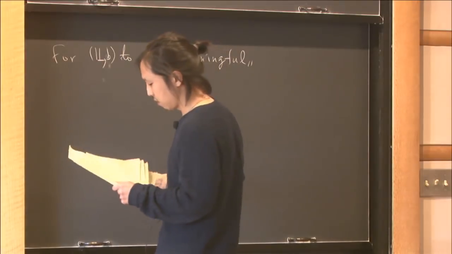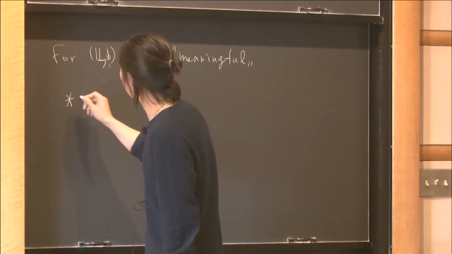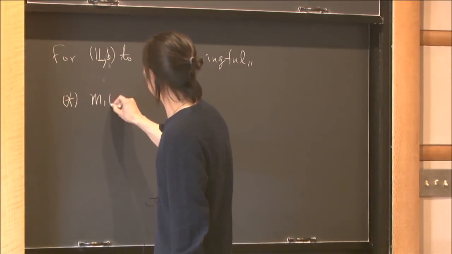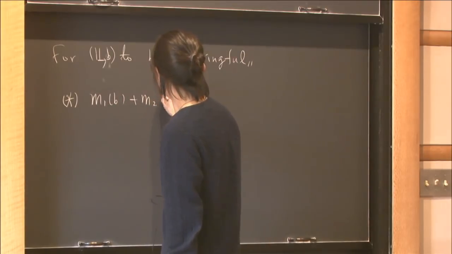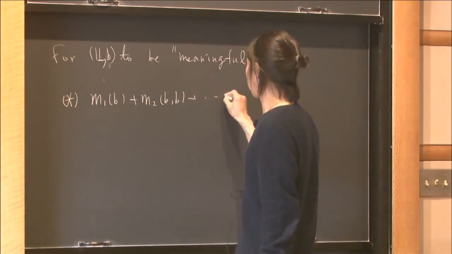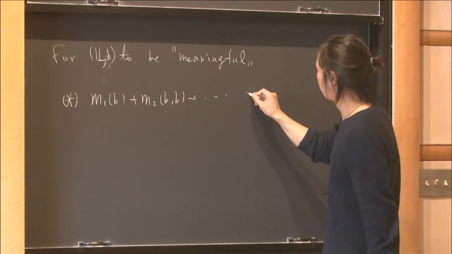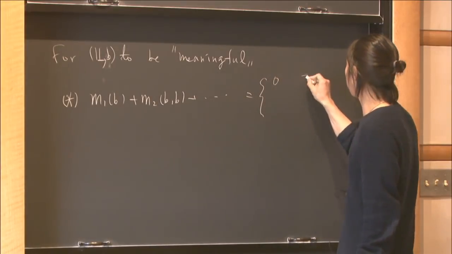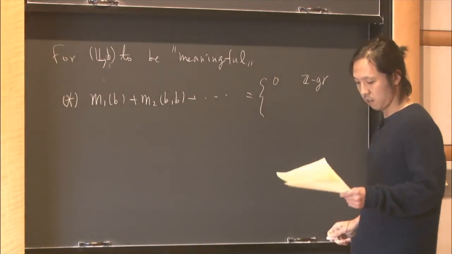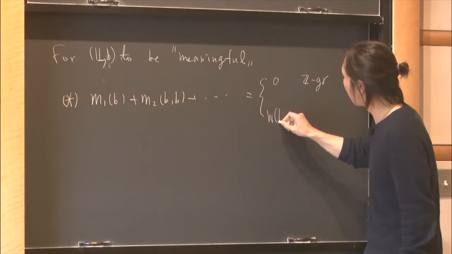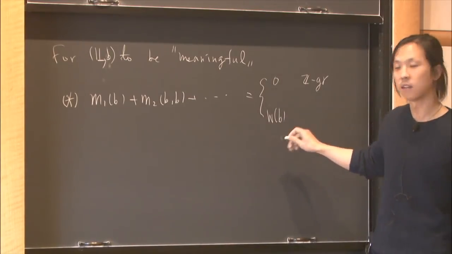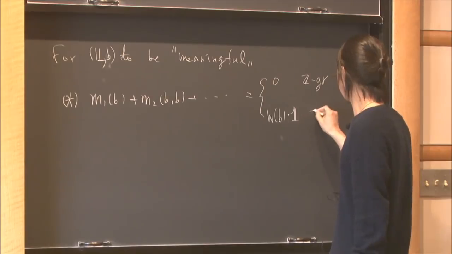For this to be the case, you should impose the following condition: m1 of b, which is m2(b,b) plus higher terms, should be either 0 in the Z-graded case, or some constant that depends on b times the unit in the Z2-graded case.